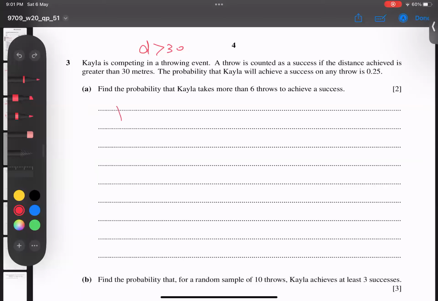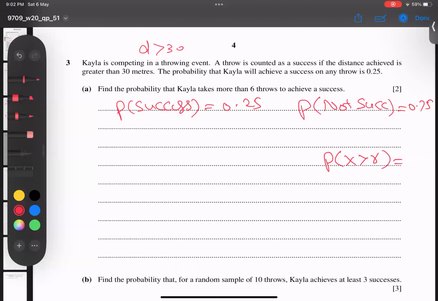So the chance of success is 0.25, and the chance of not success is very clear, 0.75. More than 7, you remember we have a special formula for this kind of thing. When x is bigger than r, the formula is q to the power r.